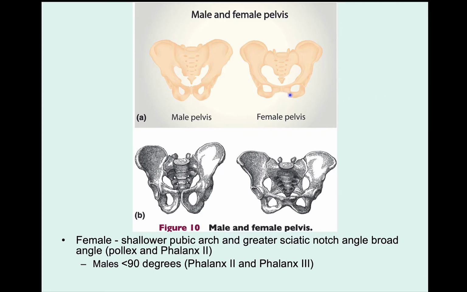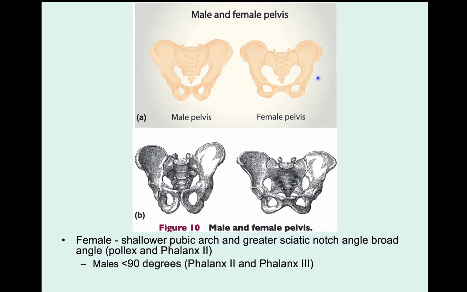And this is right here where the two pubic bones are articulating at that symphysis, that fibrocartilaginous joint. If you use your pollex and your phalanx 2, the angle between those two digits will sort of match up with this pubic arch.